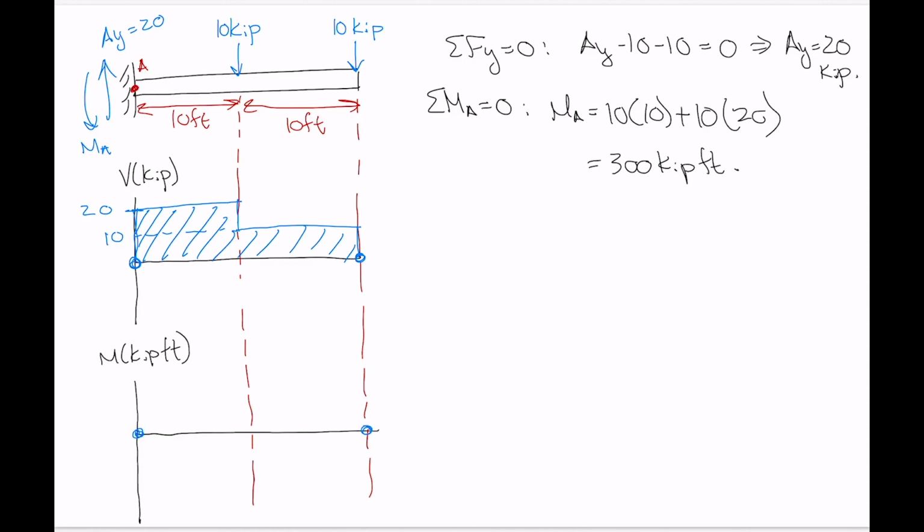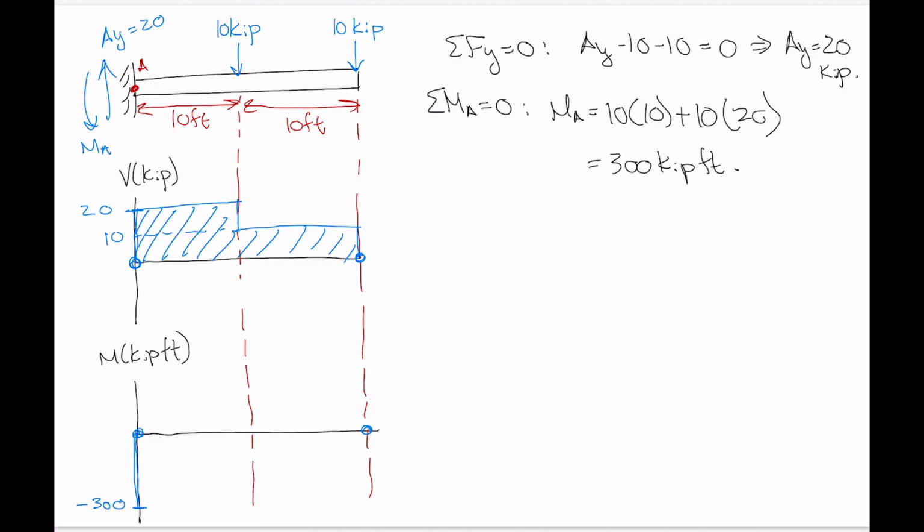The moment diagram starts at 0 and ends at 0. The first thing we have is a point moment, the moment at the wall, MA. That's counterclockwise, which is a jump downwards. So we're going to jump downwards from 0 by the value of the moment, so minus 300 kip feet there. Now, we don't have any more point moments, so all we need to do is look at the value of the shear, which gives us the slope of the moment.